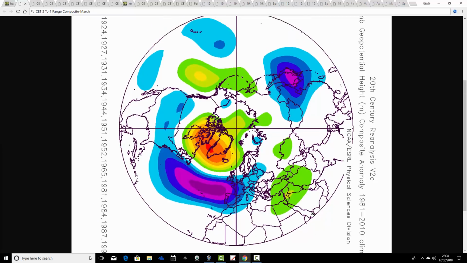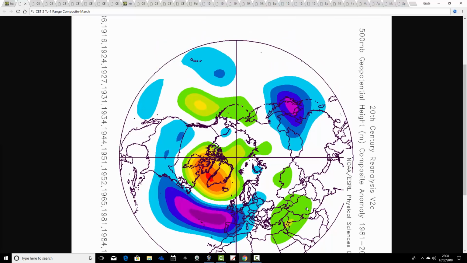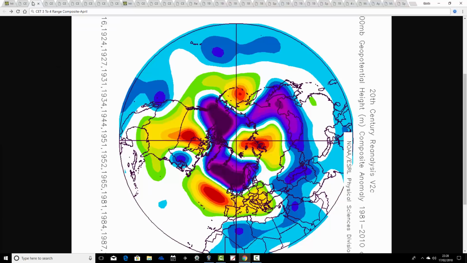But if you combine all of those years, that's what you come out with, and despite the deviations, there is overall a cold blocking signal for March. Now this is the April composite, so again this is following Februaries that were in the 3 to 4 degree Celsius CET range, and this is for April.